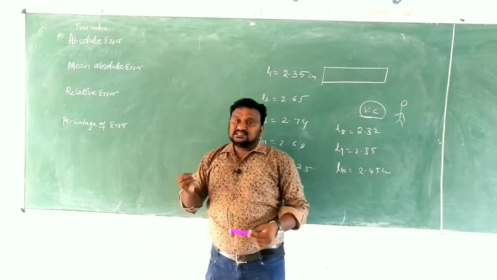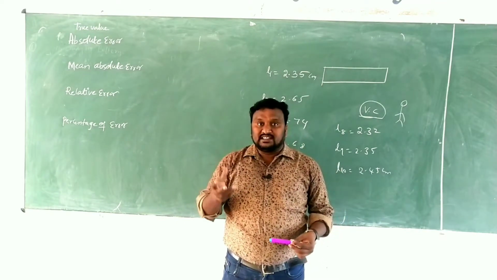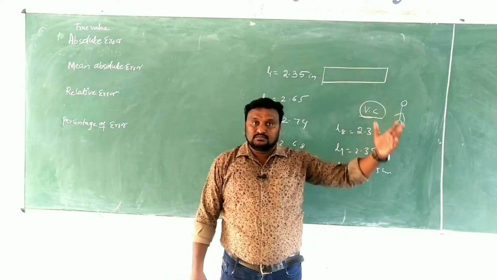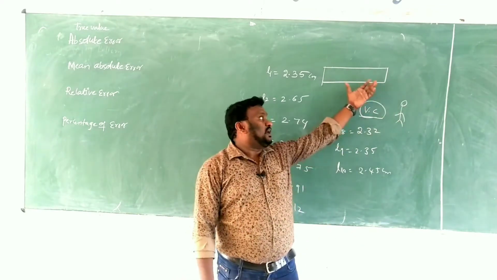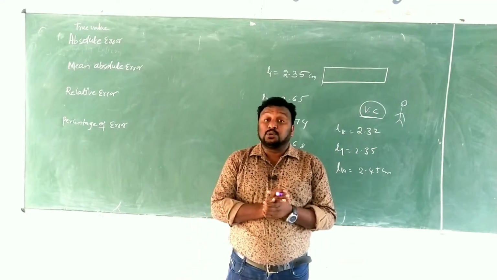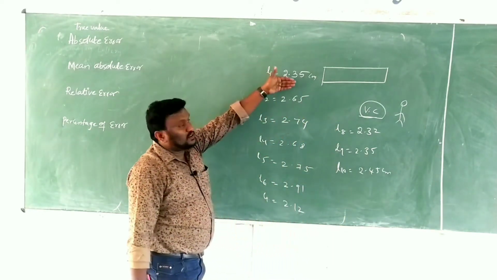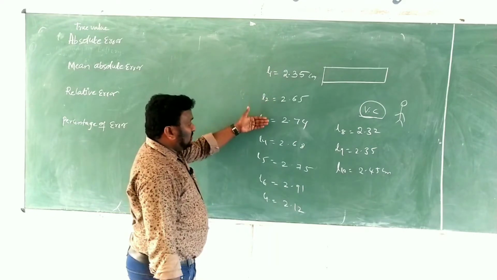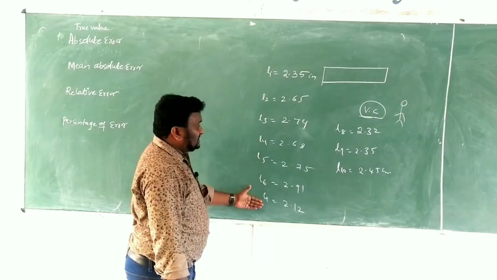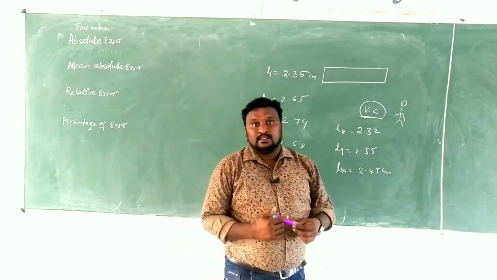These are the values of the length of the slab he found using vernier calipers, noted in his observations as L1, L2, up to L10.